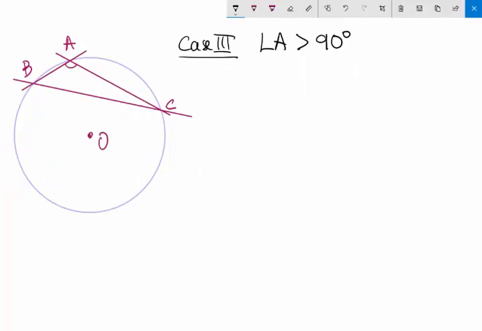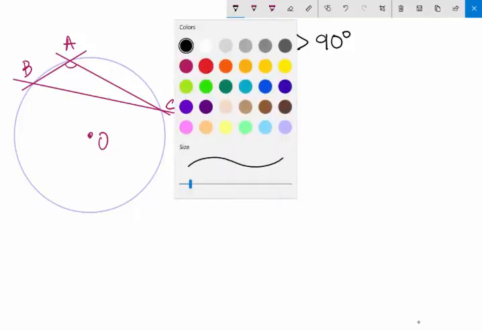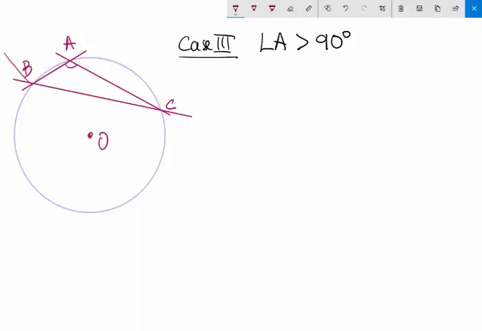Now for the third and final case, we will assume that the angle at A is strictly larger than 90 degrees. Now let's consider the triangle BPC. P is right here. So we consider the triangle BPC.